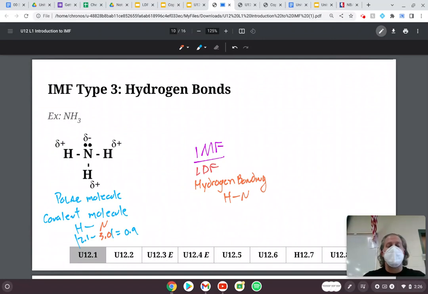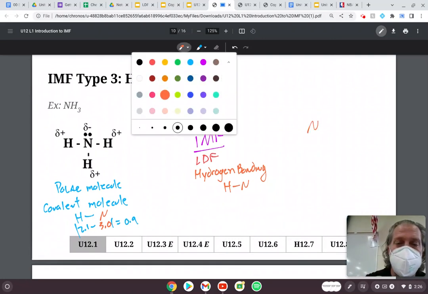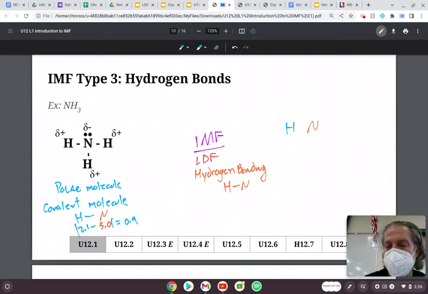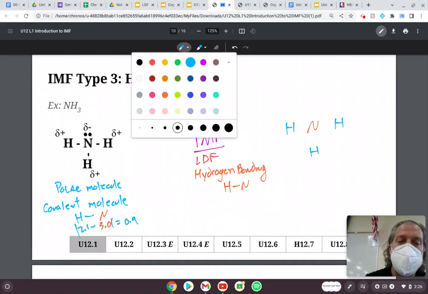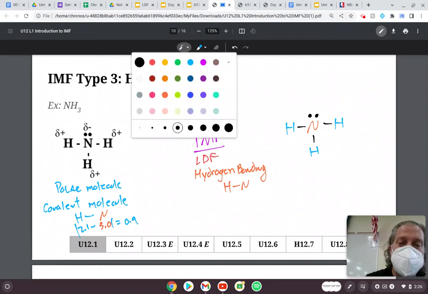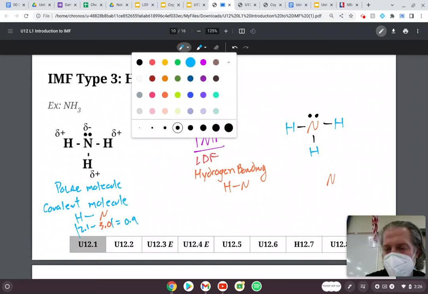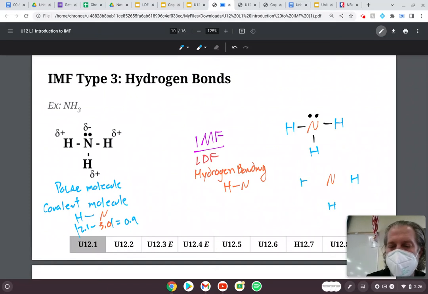Now, when I go to draw these structures together, I'm going to have nitrogen with 3 hydrogens bonded to it. And I'm going to draw my bonds in. And I'm going to draw a second structure like that: nitrogen with 3 hydrogens bonded to it. And then I'm going to remember that there is a partial negative and partial positive charge all around this thing.